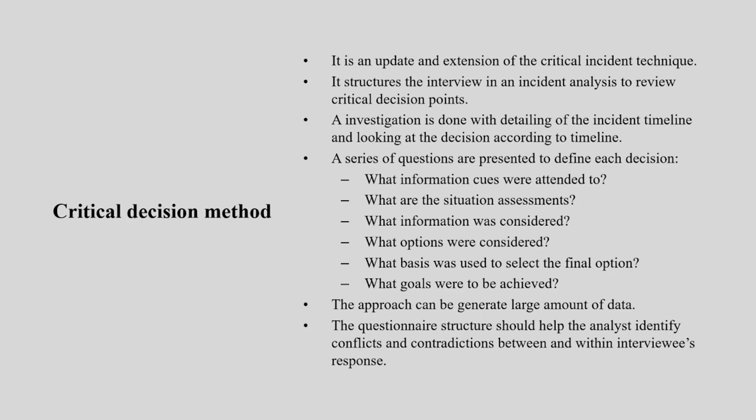What options were considered? If there are four or five options available to choose from, and I have chosen a particular one, why did I choose that option, why did I rely on that particular option? These analyses are very important. What goals were to be achieved? Being the operator of that whole system, what was I going to achieve in that particular case?